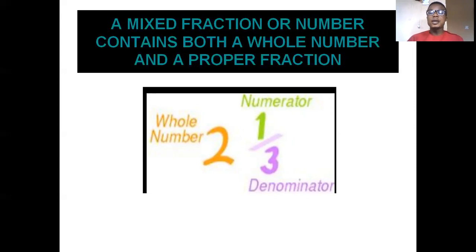If you take a very good look at this mixed fraction, you will see that it is got from the improper fraction 7 over 3, because when you divide 7 by 3, you get 2, remainder 1. So when you try to make an improper fraction proper, you get what we call a mixed number.